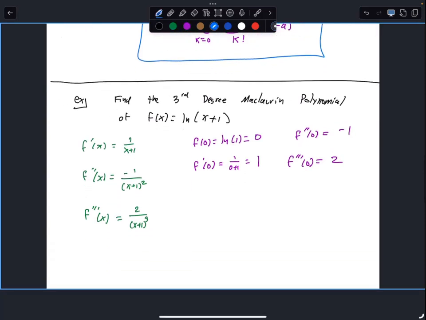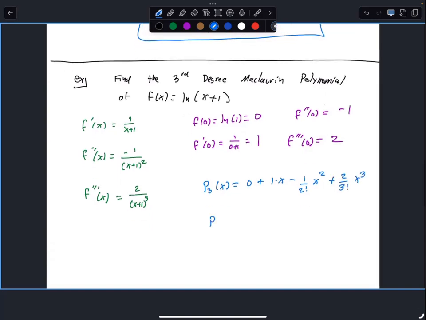So therefore, the third degree Taylor polynomial would be 0 plus 1 times x minus 1 over 2 factorial x squared plus 2 over 3 factorial x cubed, which of course we would clean up to be that P3 of x is equal to x minus 1/2 x squared plus, and now 3 factorial, we can do the math here and actually factor out, but 3 factorial is the same thing as what? 3 times 2 factorial, or 3 times 2.